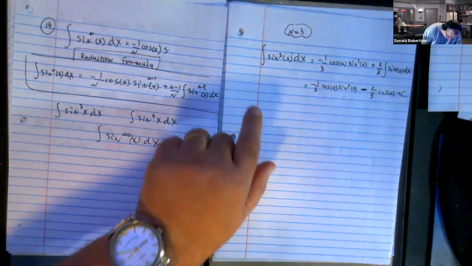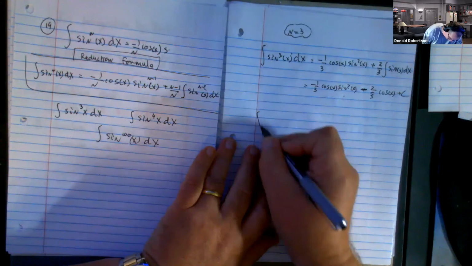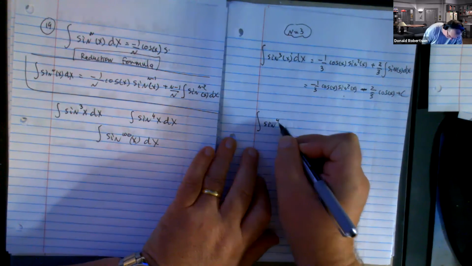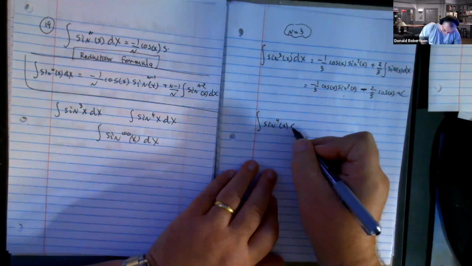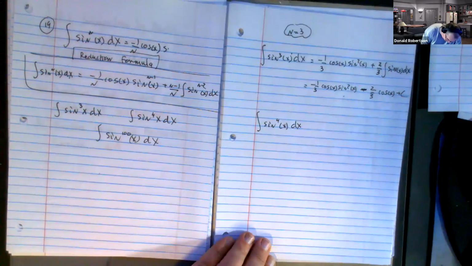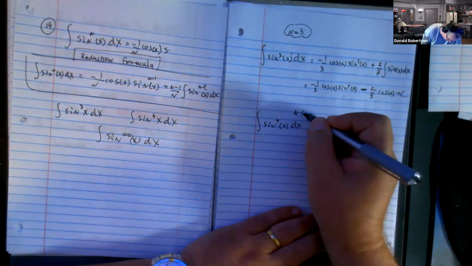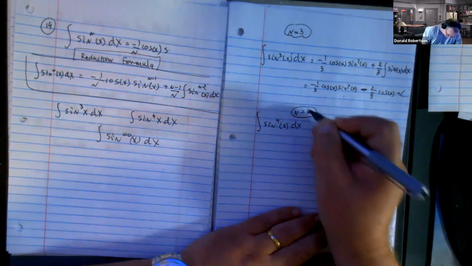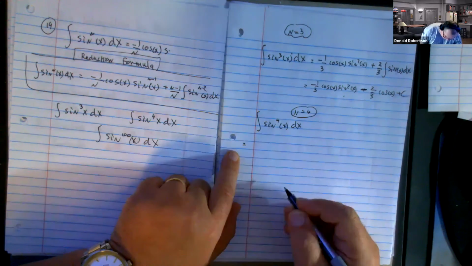Suppose I wanted to do that one. Well, I'd recognize that n equals 4. I'm going to write the answer underneath because it's pretty big. So what do we get?